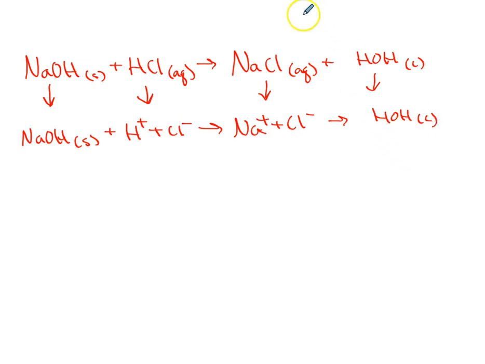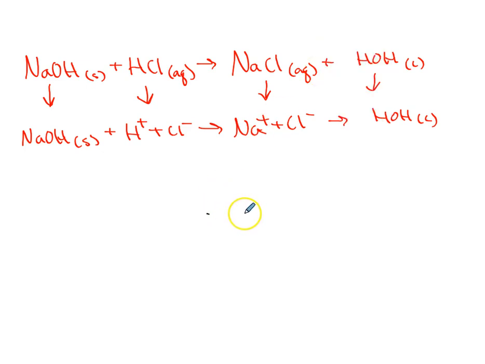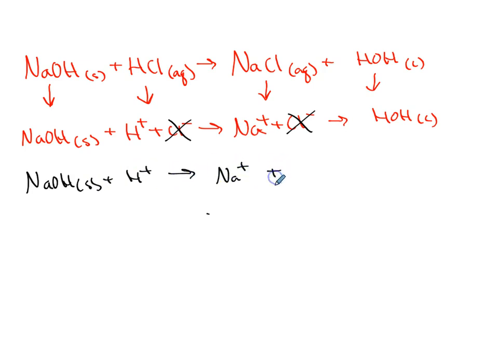Then, canceling out anything that was repeated exactly the same on both sides, you'll see that this time it's only the chloride ion, because the sodium was a solid over here. So if there's a solid, we have the NaOH solid plus an ion goes to ion, plus HOH liquid.